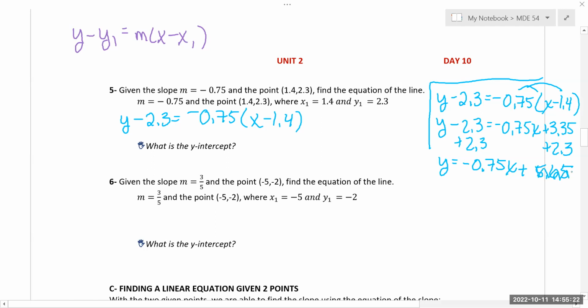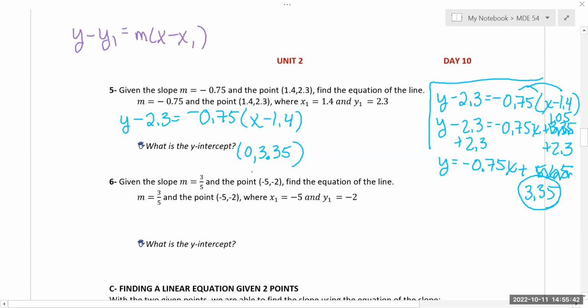Oh, I got carried away. It should be 1.05. Sorry about that. And then when we add it over, we get 3.35. So that becomes our y-intercept. And that becomes our b.